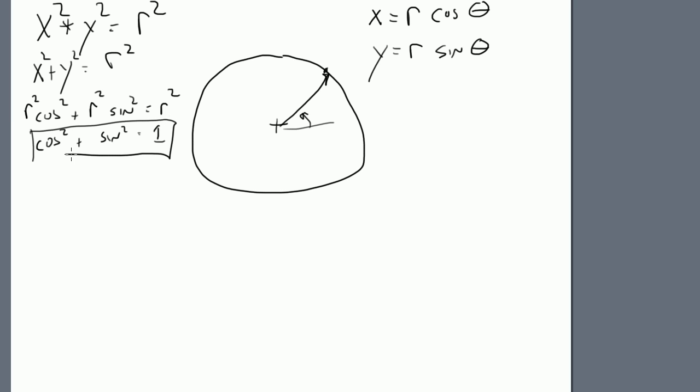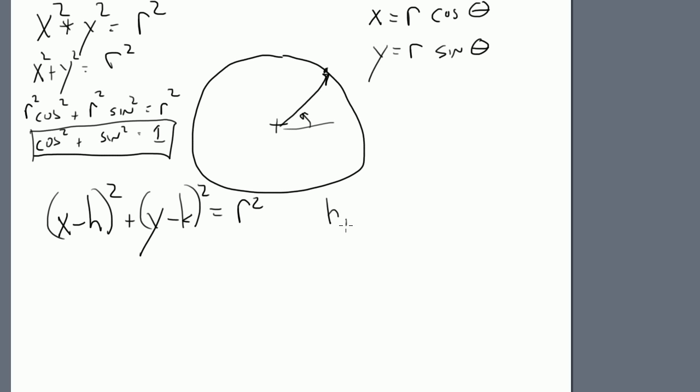And so you'll see later on as you start shifting from a formula for a circle that looks like this: x minus h squared plus y minus k squared equals r squared, where h and k are the coordinates of the center of the circle.